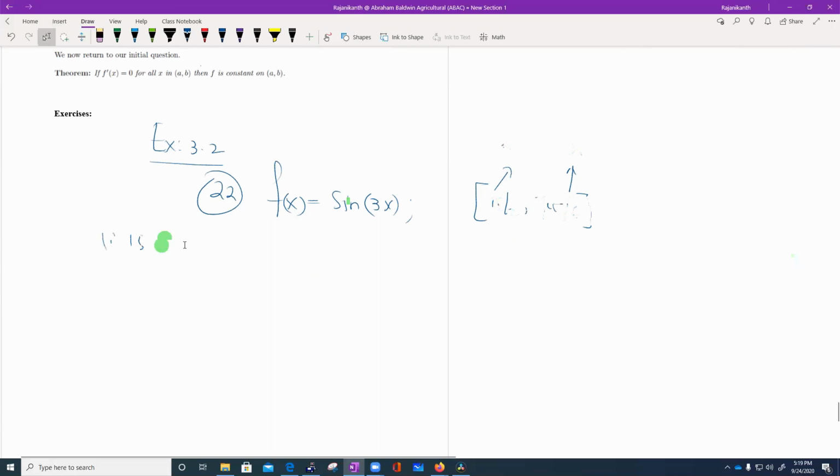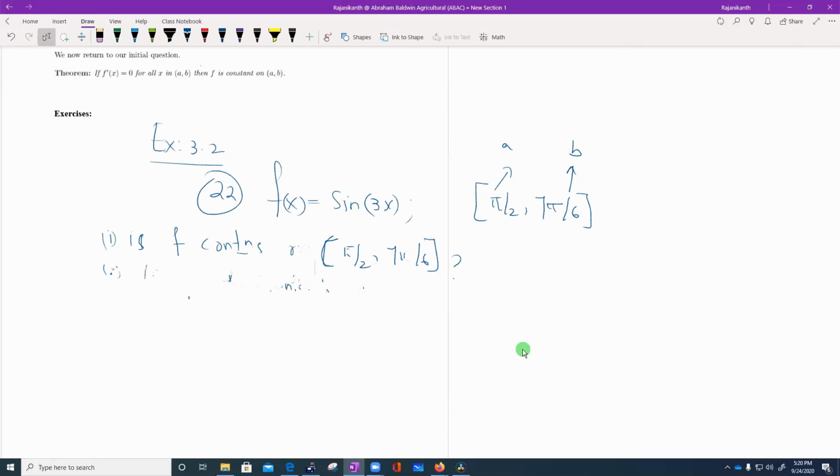You have to make sure they are satisfied. The first condition is: is f continuous? The second question you have to ask is: is f differentiable? Where? On the open interval. Third question you have to ask: are those 2 values at the endpoints equal?